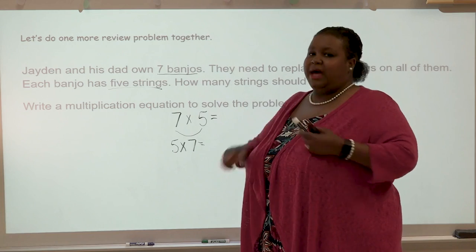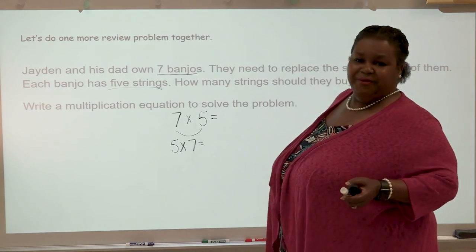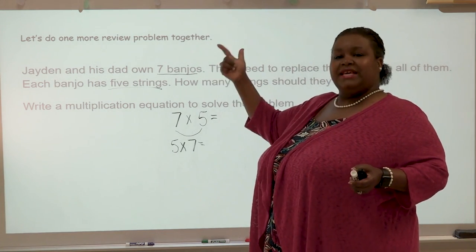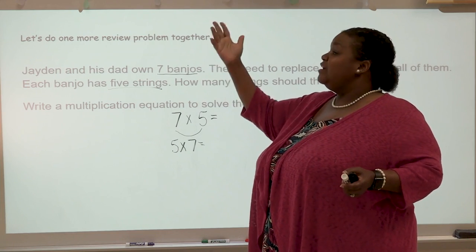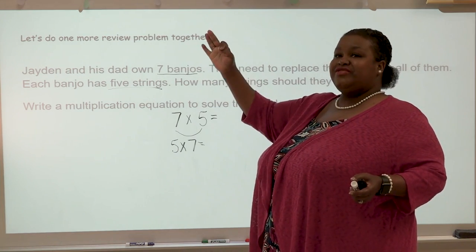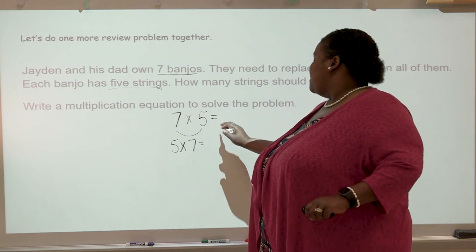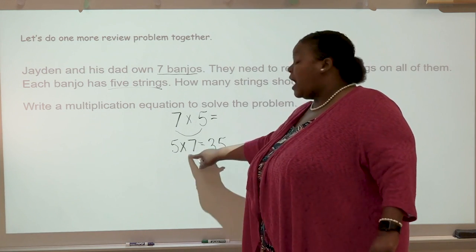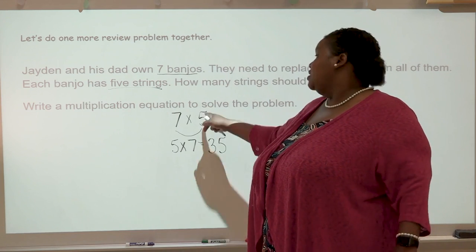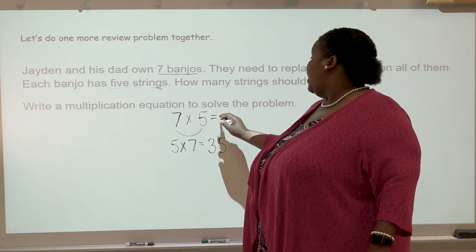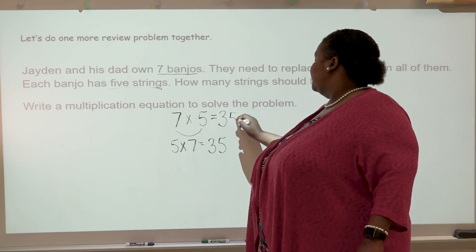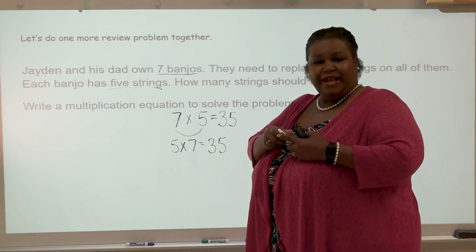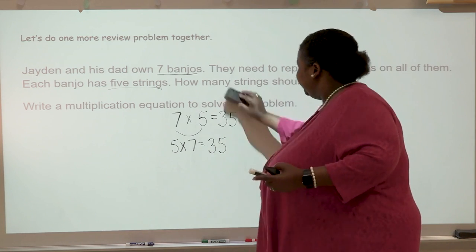All right, will you count by 5s with me? Let's go. 5, 10, 15, 20, 25, 30, 35. My product is 35. So if 5 times 7 is 35, so is 7 times 5. All right, good way to get warmed up this morning.